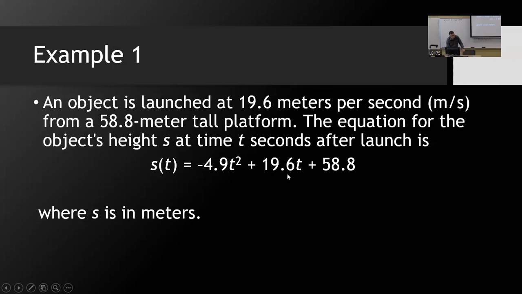So it shows up as the coefficient of t to the first power. You also see that this 58.8 meter tall platform shows up as the c. And then this negative 4.9 times t squared actually comes from your constant of gravity, your gravitational constant.